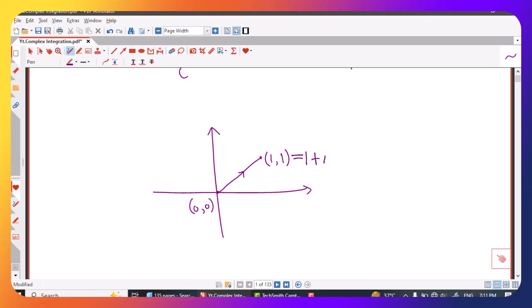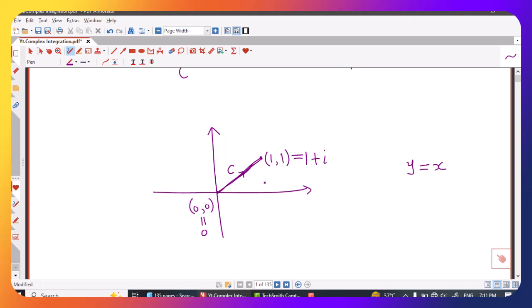This is 1 plus i and this is z equal to 0. Then we know that this C represents a part of the line y equal to x from z equal to 0 to z equal to 1 plus i.